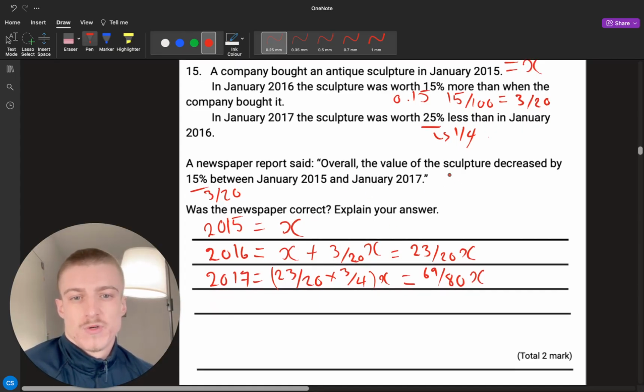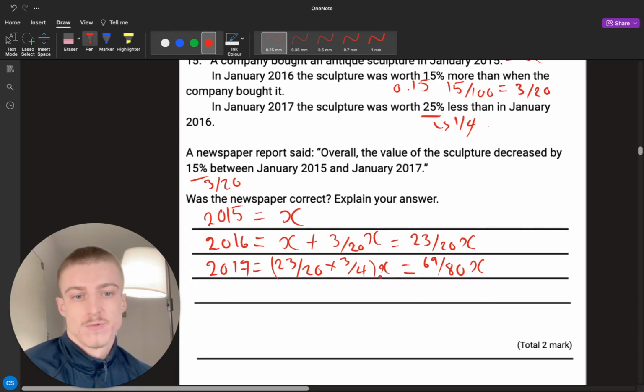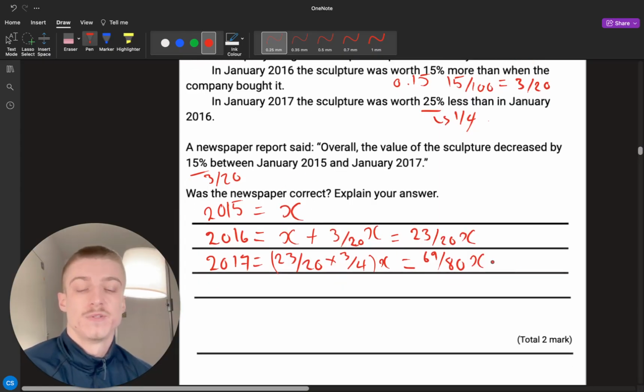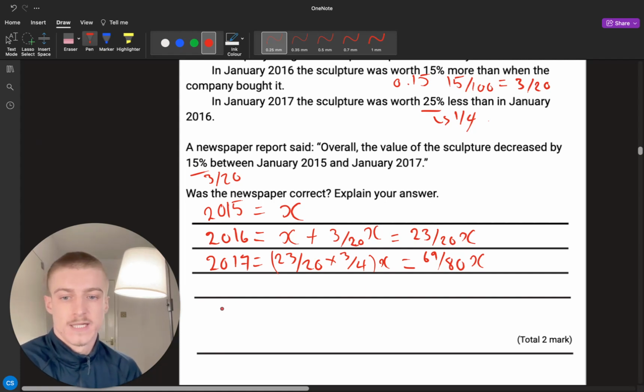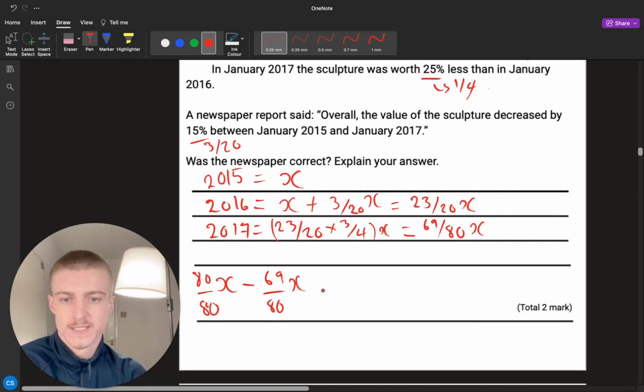Now, the newspaper report says that overall the value decreased by 15%. So we need to check the difference between the starting value and the value in 2017. So our calculation is X minus 69 over 80 X. If we turn this into 80 over 80, which is just 1, no change there, then we're left with 11 over 80 X. So this is the difference, right?